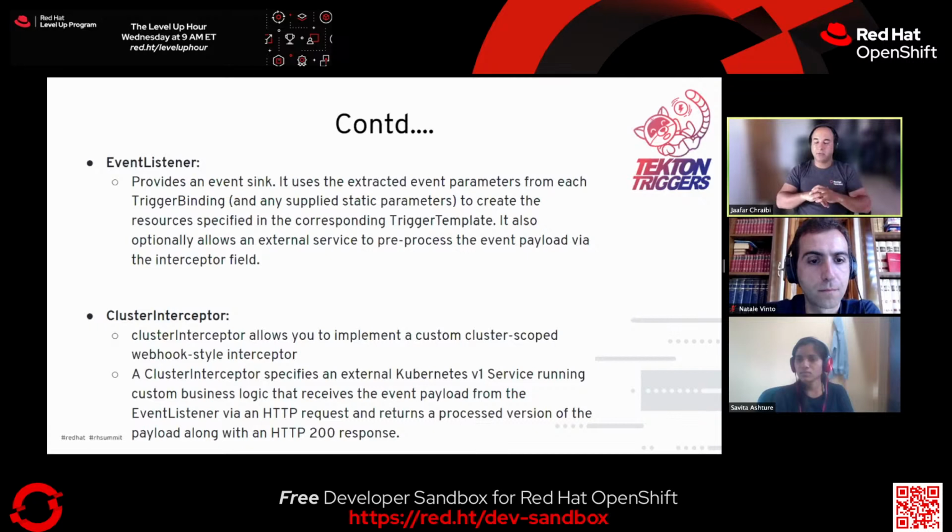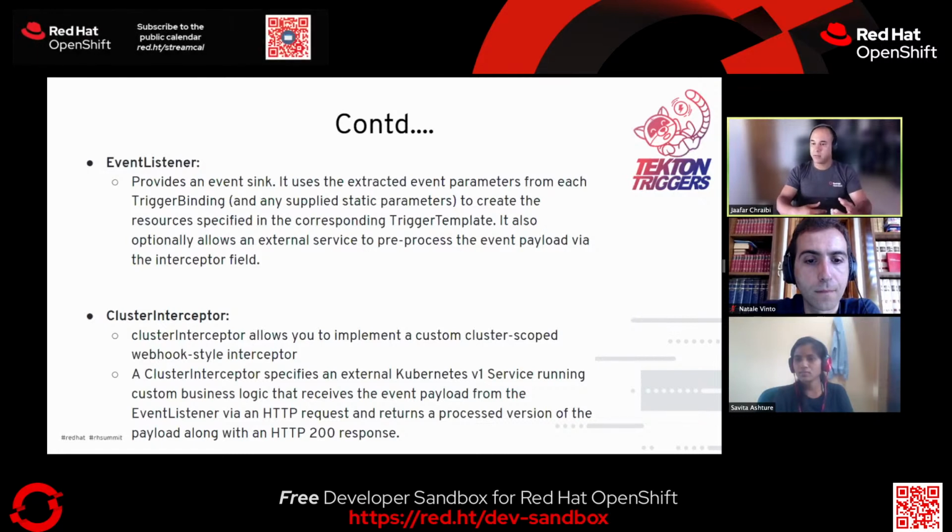And what you guys did here, I think, with the event listener, is implement this feature out of the box. So when you create your pipeline and whatever you need to interact with Git or GitLab, you instantiate your own backend that listens to these events and already has all the logic to extract the correct information and create whatever it needs to run the pipelines in OpenShift.